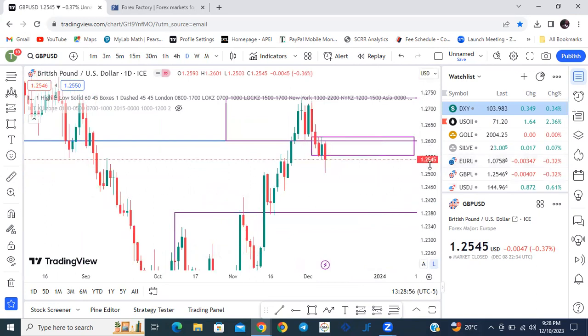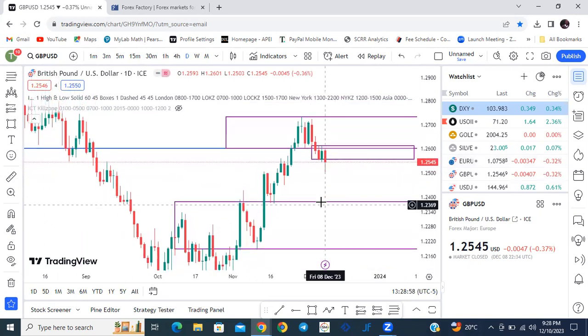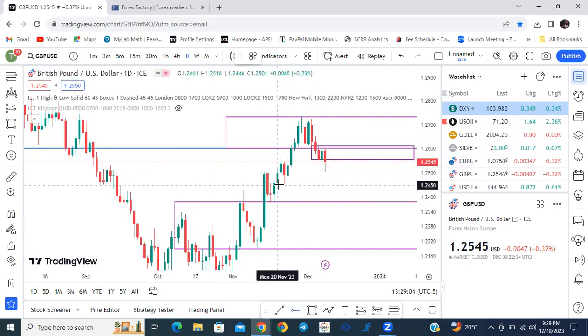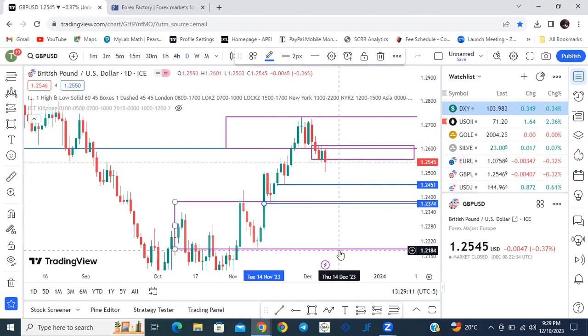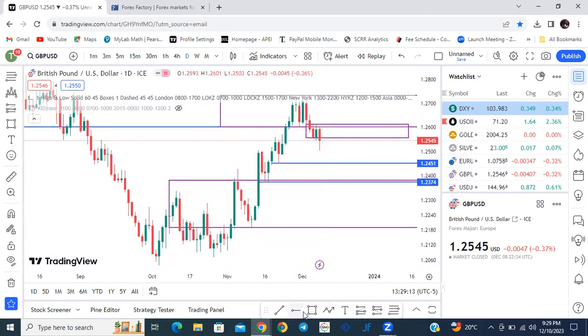So from the daily time frame, my bias is still probably on the downside. We'll be looking at that level, then at this other area that we have there. So ensure you mark them accordingly.